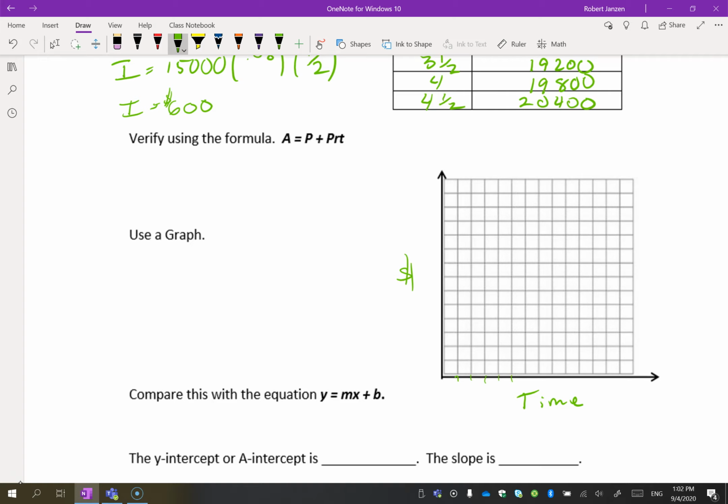I think I'll just cut some of the graph out here, and let's start at 15,000. And let's go up by 600. That'll make it easy. 15,600, 16,200, etc. And then I think what you're going to see here is a graph that just goes up by 600 every half year.